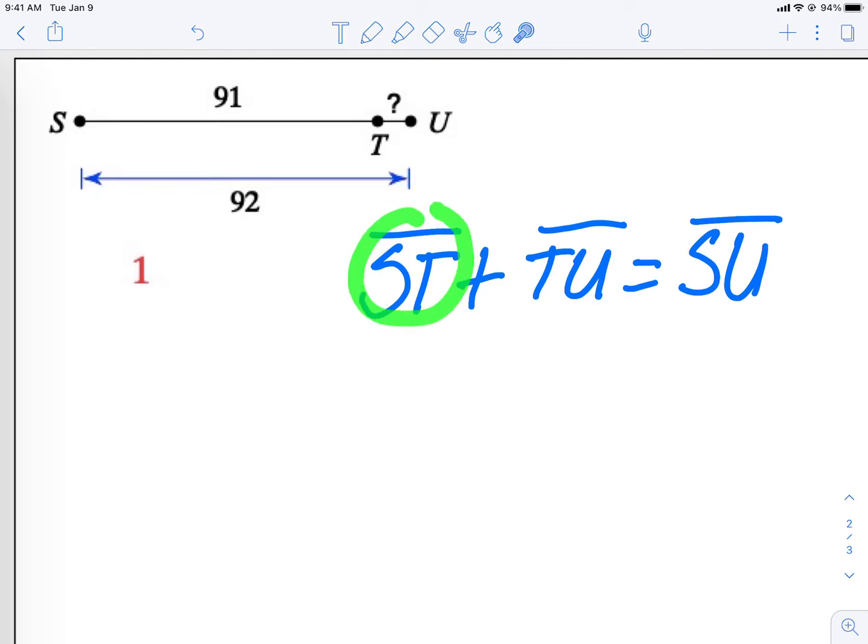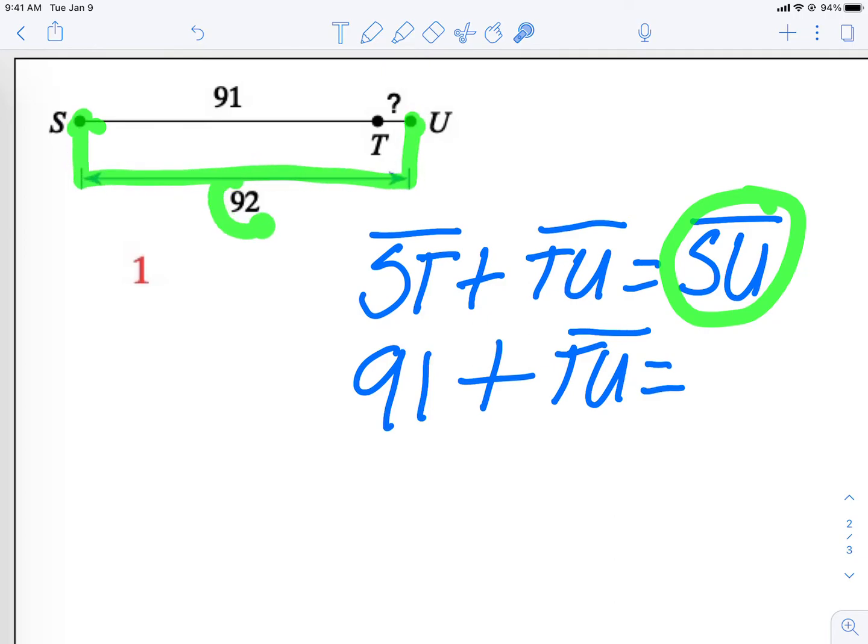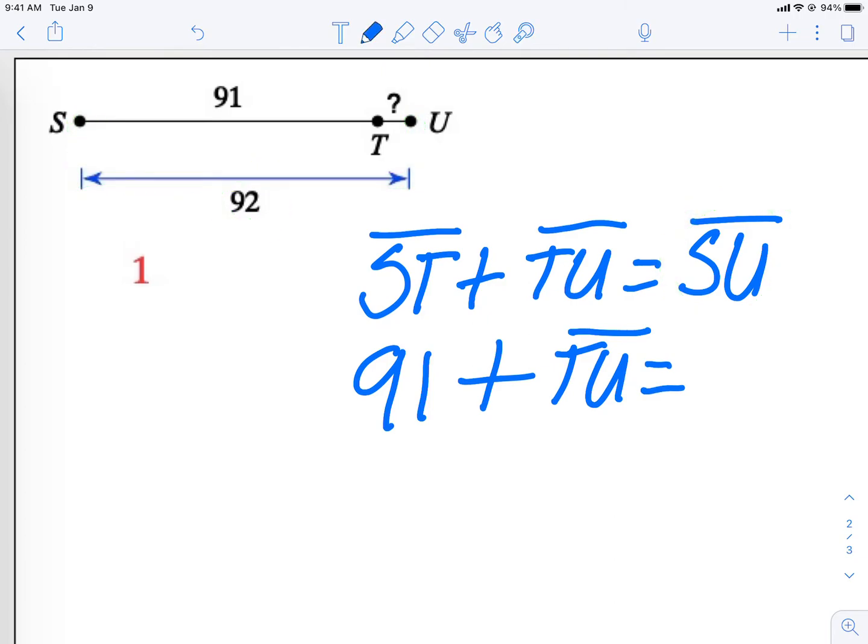S to T is 91, so we're going to put a 91 there, plus T to U. We don't know what T to U is, so we're going to leave it as TU. And finally, S to U is 92, so we're going to put a 92 there.